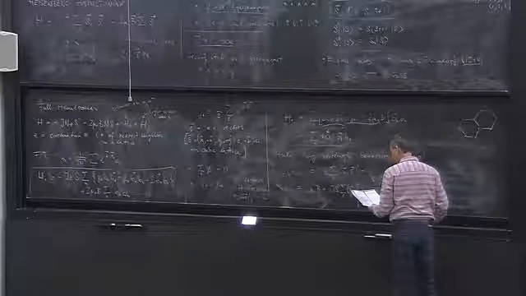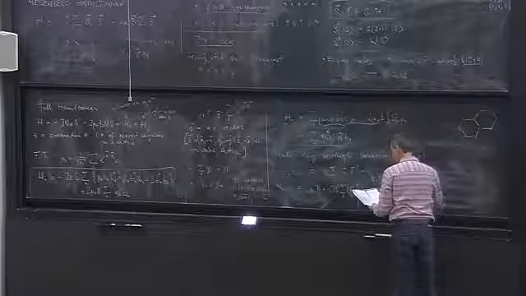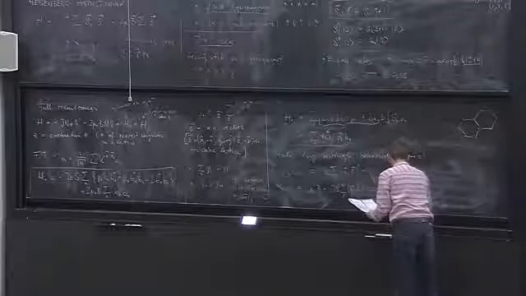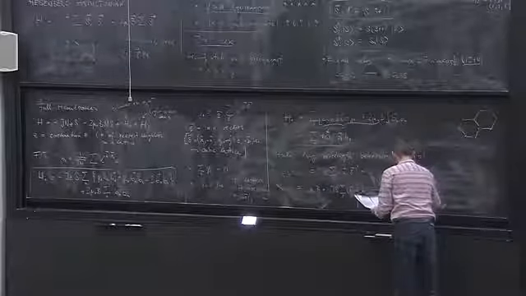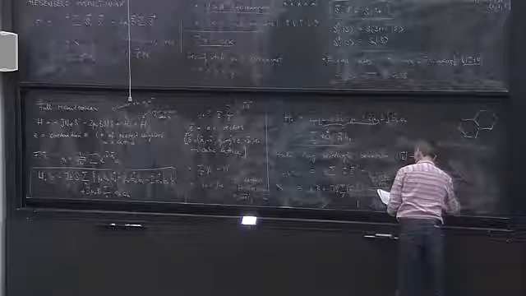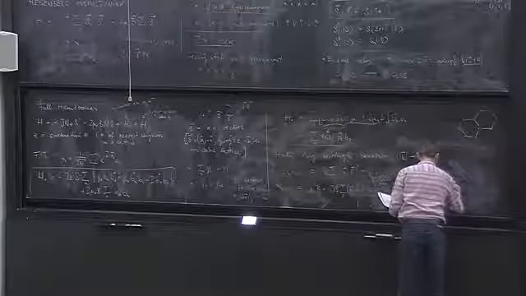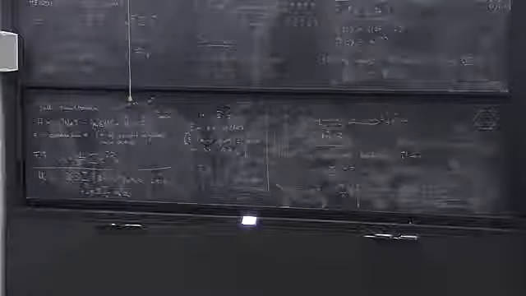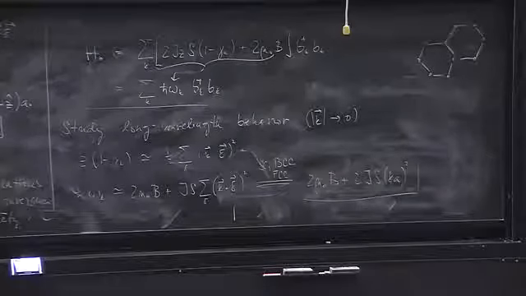And in these cases, you would find that this can be simplified to 2 mu naught B plus 2 Js times k squared. So basically, what you have here is a free boson gas.